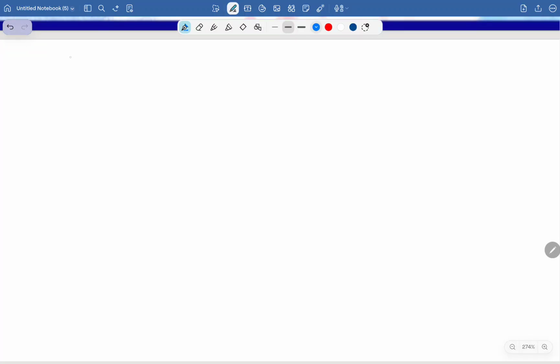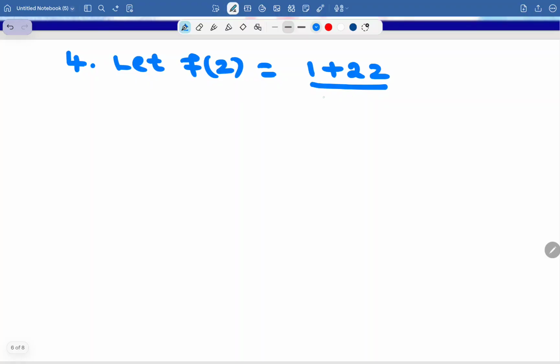Now problem number 4. Let f of z be equivalent to 1 plus 2z by z square plus z cube.